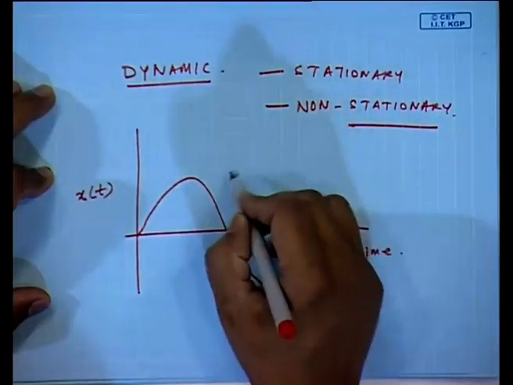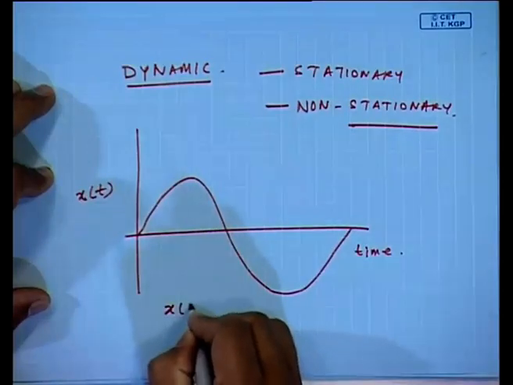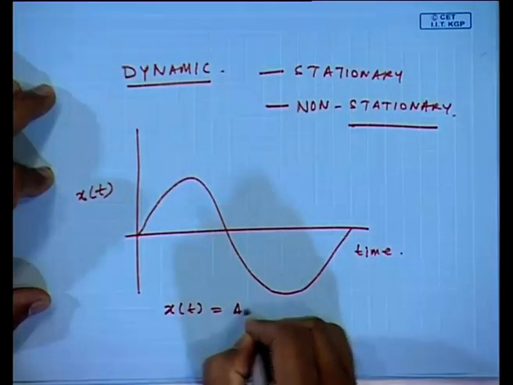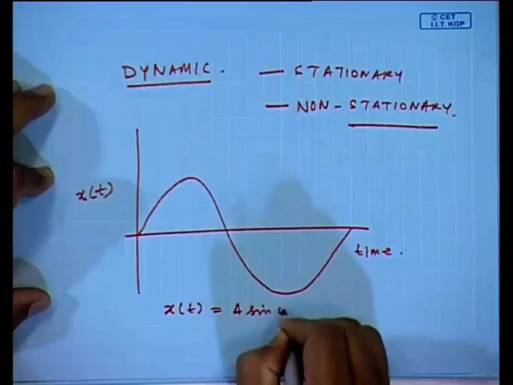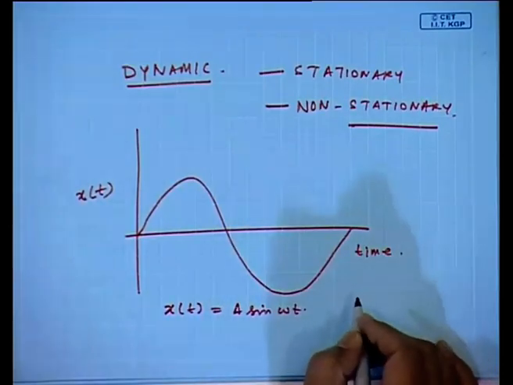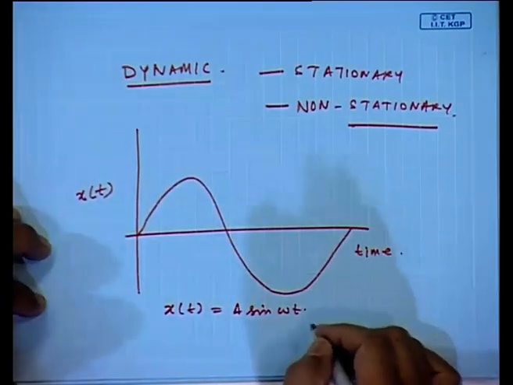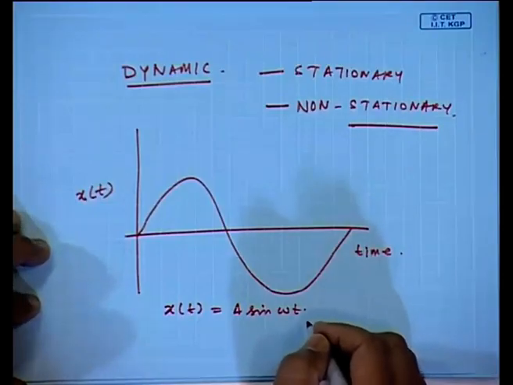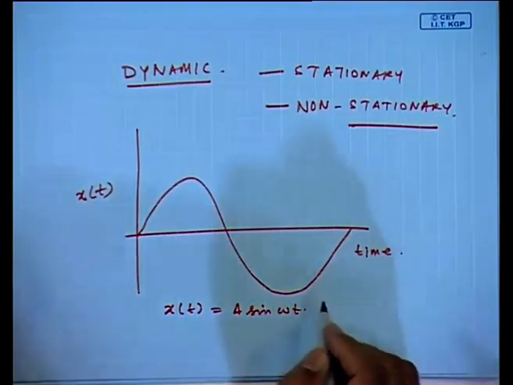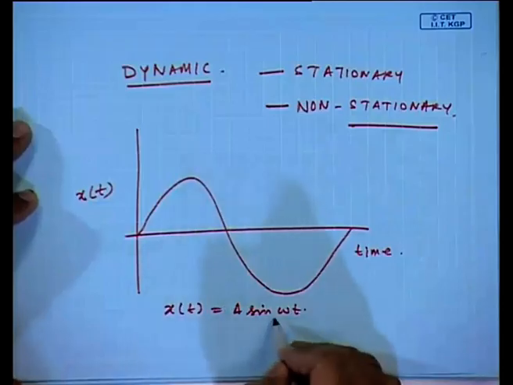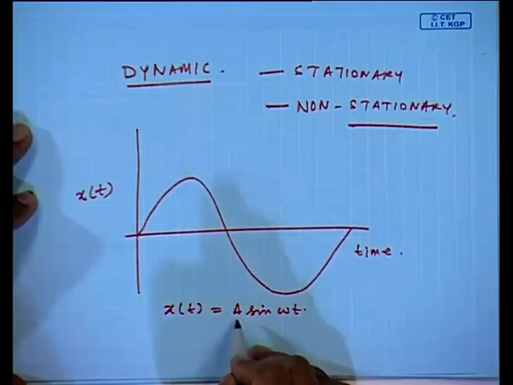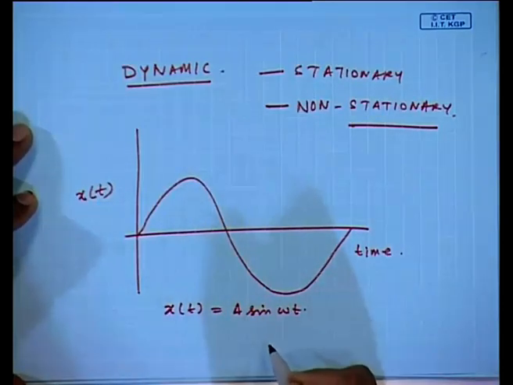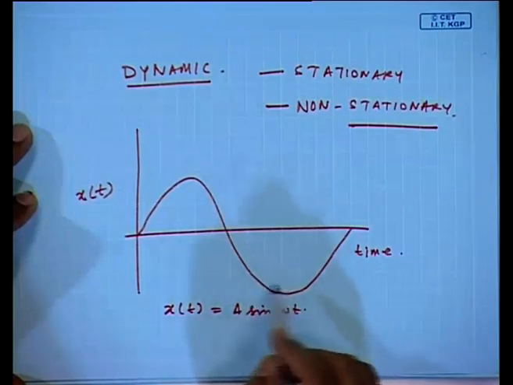So, this is x(t), which could be mathematically given as A sin omega t. This is a periodic signal, and this is a harmonic signal, harmonic because it is a sine or a cosine function. Now, this signal I have represented mathematically here, but real world signals are never like this.